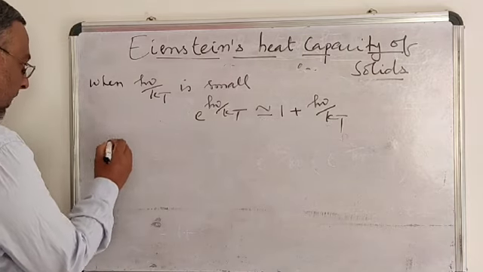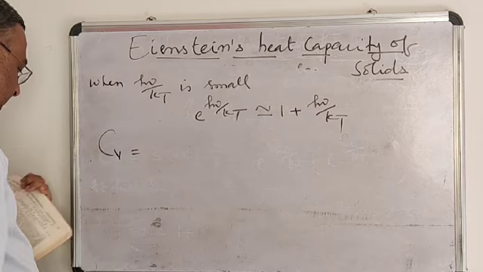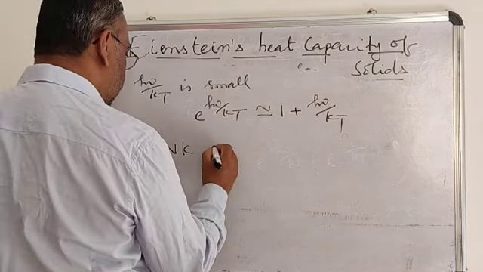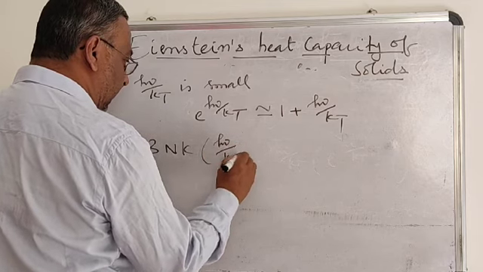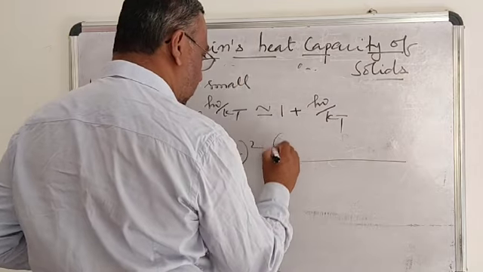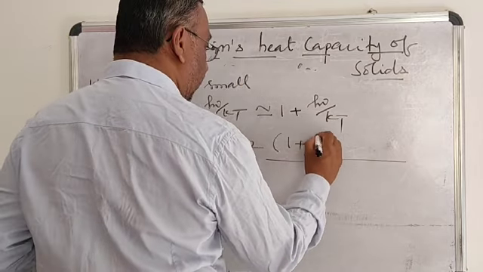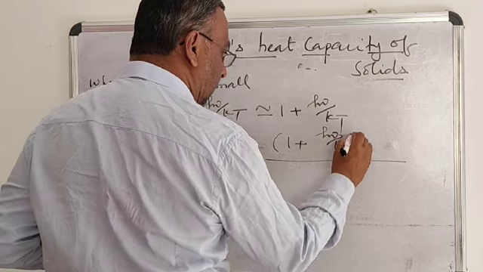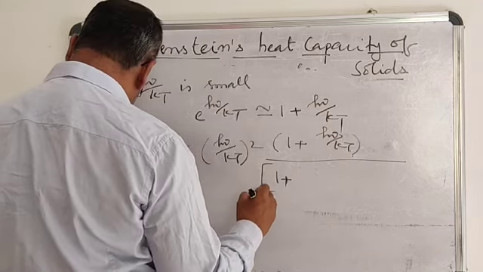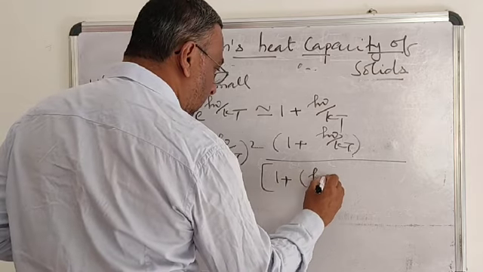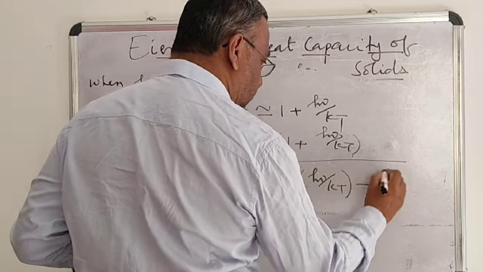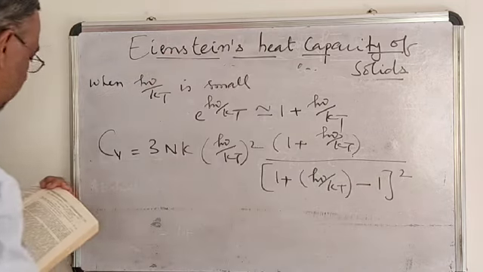Therefore I can write the heat capacity of solids as 3Nk (hν/kT)² into (1 plus hν/kT) divided by (1 plus hν/kT minus 1) whole squared.